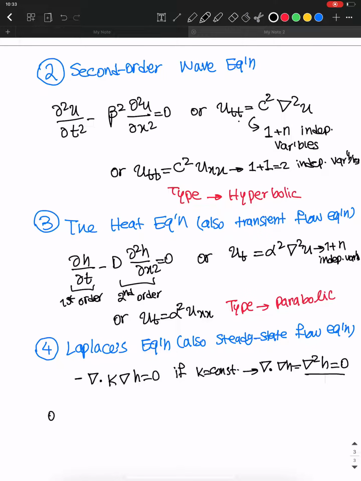Or we can write it as grad square u equals 0, with n independent variables.